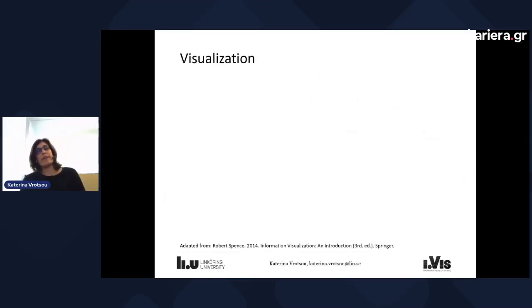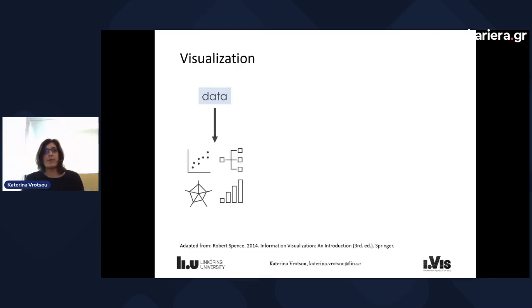So let us start by defining visualization. Visualization is the process by which we interpret information. So say we have a set of data that we want to study and understand. We can create pictures that represent the data or aspects of them in some graphical form.